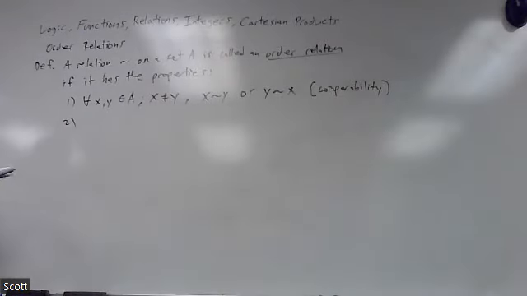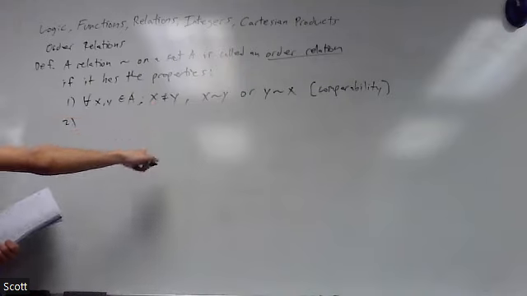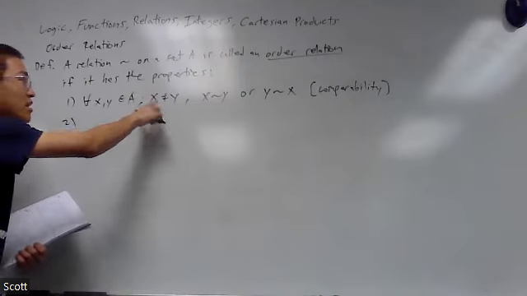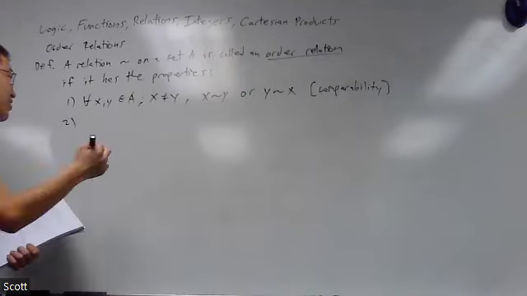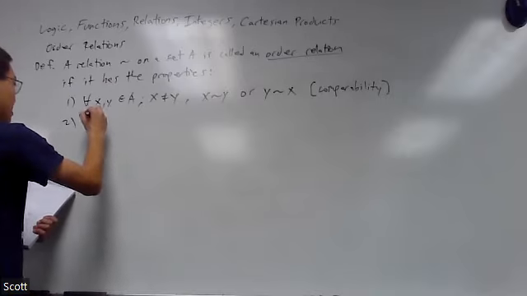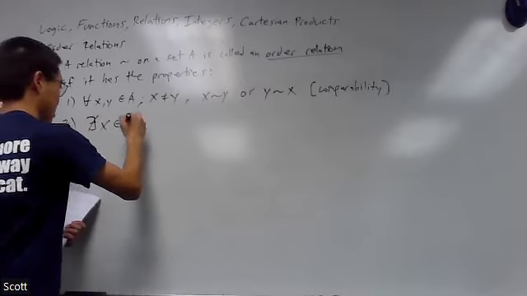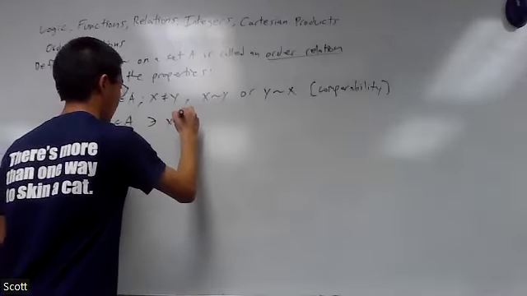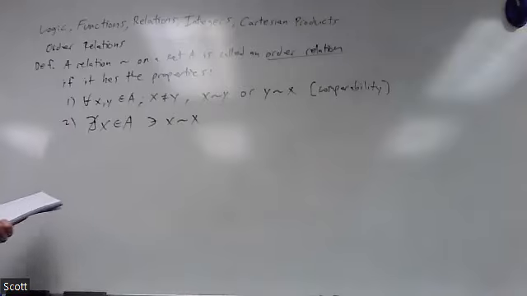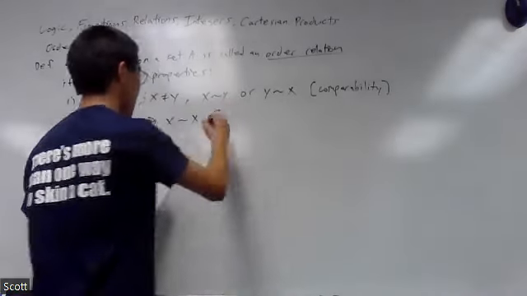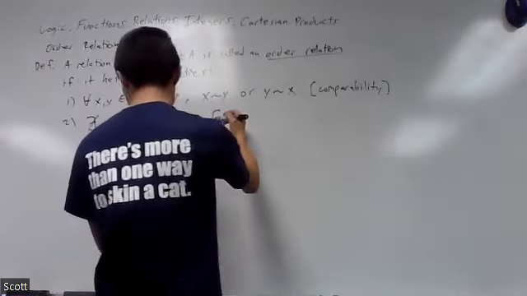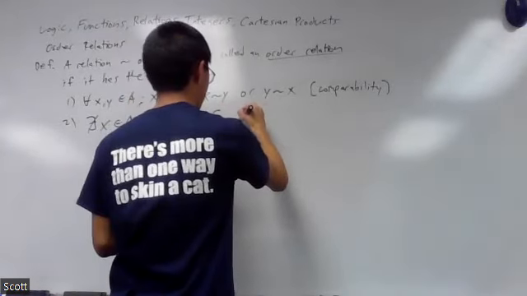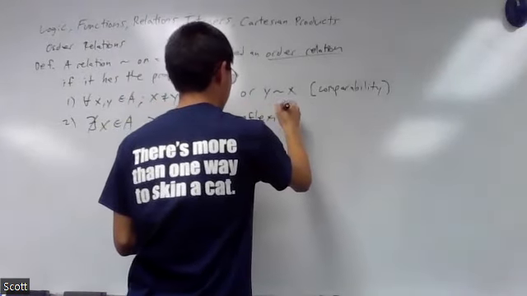And then on top of that, because it's a measure of comparability, we don't want to have the issue of two same elements relating to each other. So we're going to make it so that there does not exist any x in the set such that x is actually relating to x. Okay, so we don't want x related to x if it's like greater than, because x is not greater than x. This would be non-reflexivity.